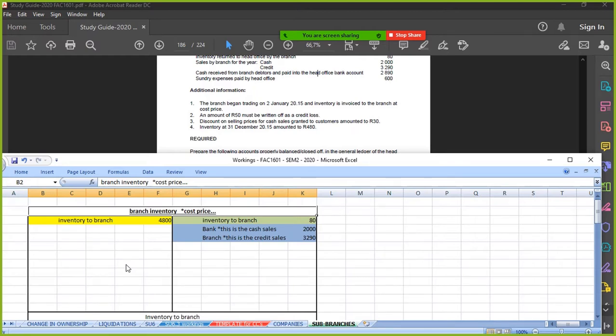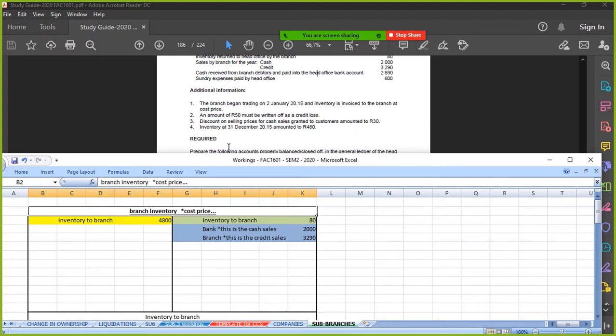Does that make sense? And then they've got inventory at 31st December, which is the inventory still sitting at the head office. Does that make sense? So you've got three different accounts showing three different types of inventory. Does that make sense?